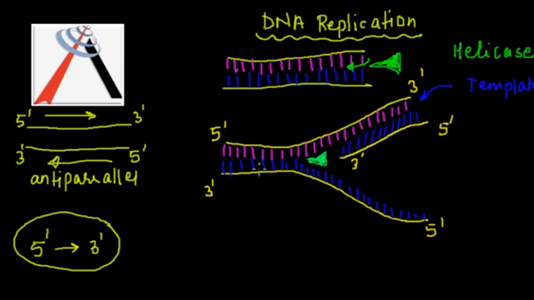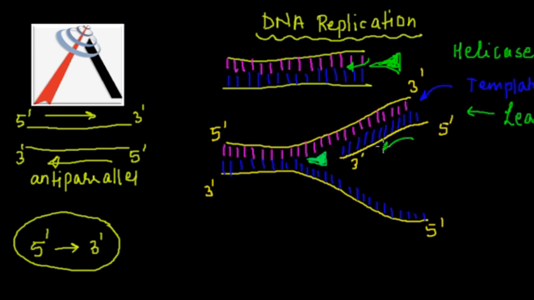There's no problem. So this is called the leading strand. This daughter strand which is forming here is called the leading strand, and it's formed continuously. As the helicase continues to open up, this strand continues forming in this direction. Why is it so?